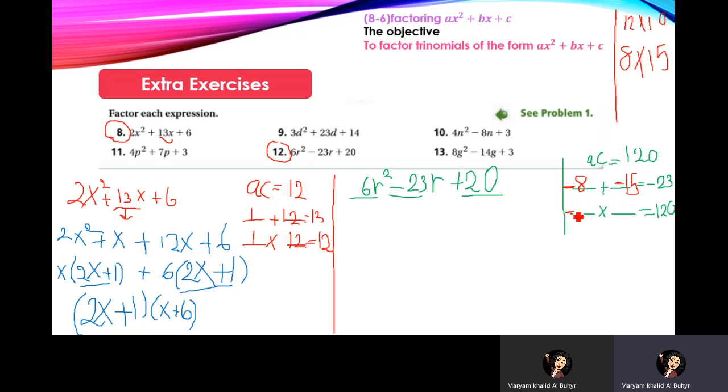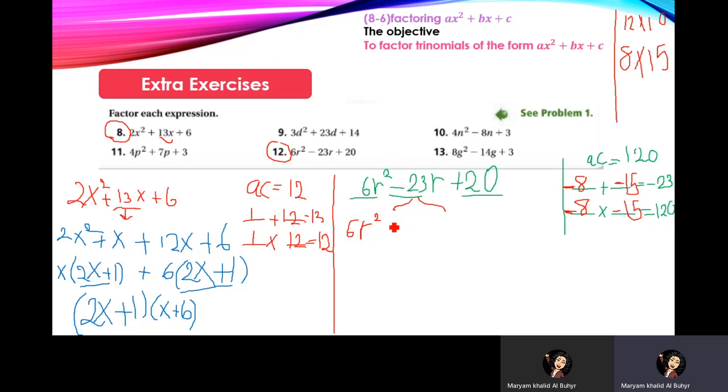Same thing here. If you take negative 8 times negative 15, once you multiply them, you will get 120. So just separate this one. Try to factor it. Let me factor it. So 6r, I will drop it down, 6r to the power 2. Now you will think about what is the number from these that you will put beside this one as a factor.